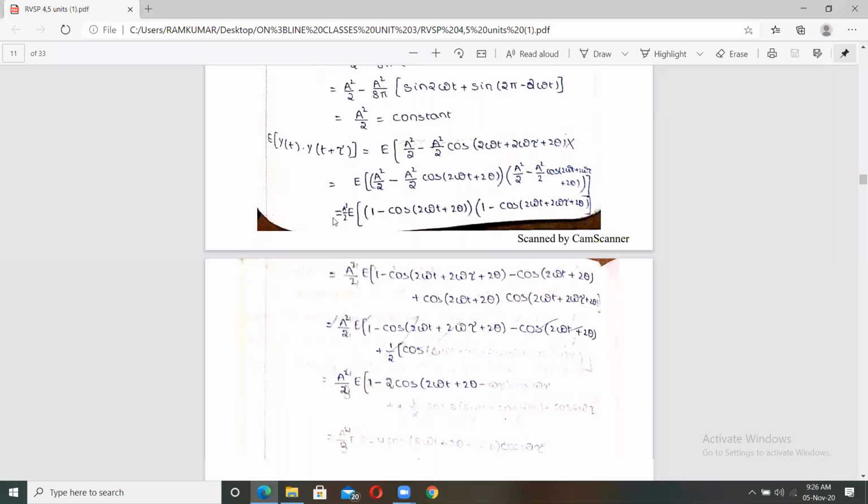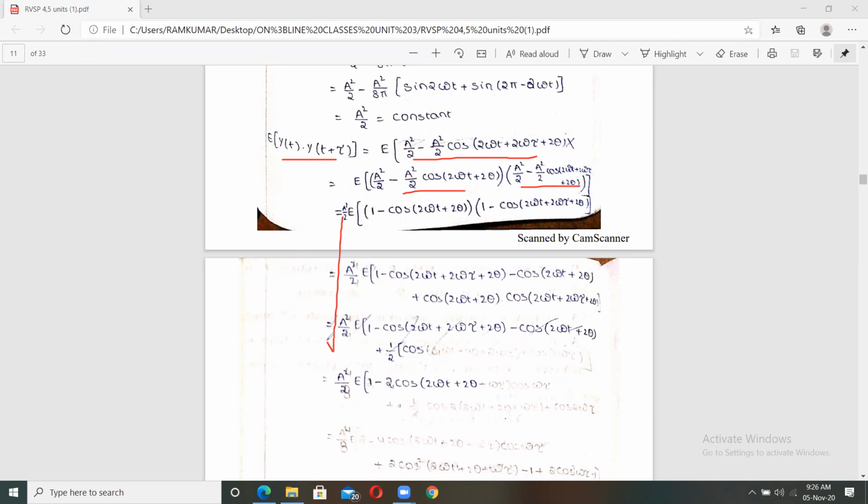Coming to the second one, you have to check whether this process y of t is wide-sense stationary or not. For that, you have to consider y of t into y of t plus tau, and solve these equations by using trigonometric properties or formulas.